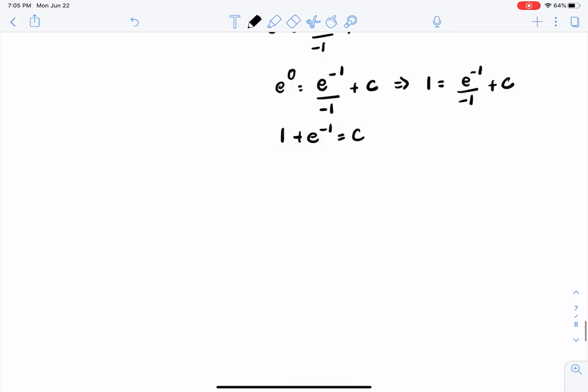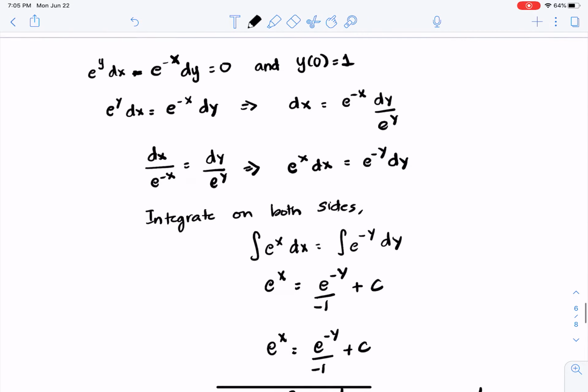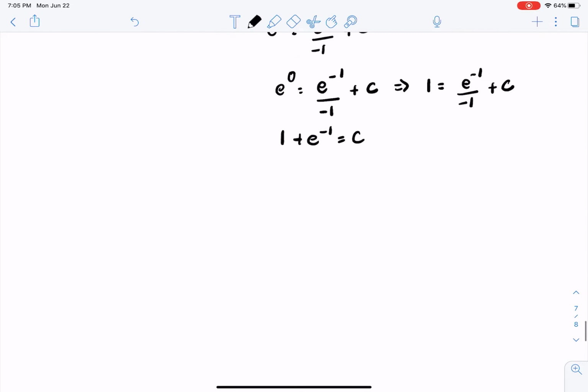So the solution is e raised x is equal to e raised negative y plus 1 plus e raised negative 1.